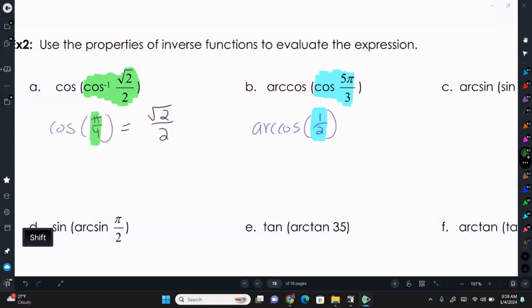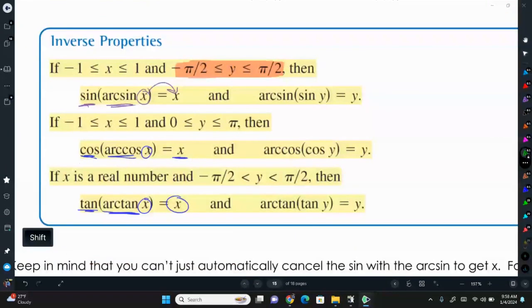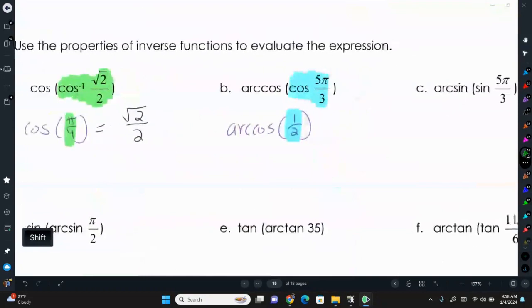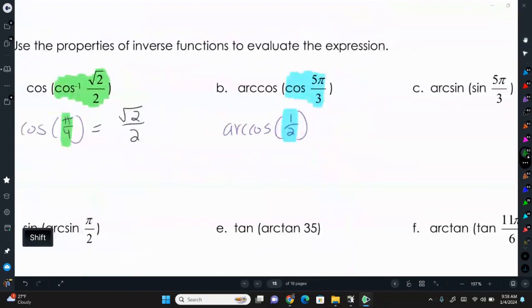Yes, cosine is equal to 1/2 at 5 pi over 3, but that is not within our restrictions for inverse cosine. So we have to stay in quadrant 1 and say, okay, this is going to be pi over 3, because that still has a cosine value of 1/2. However, it is now also within our restrictions.